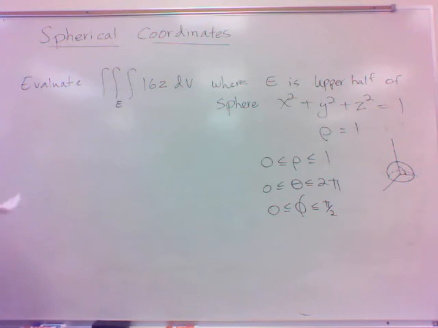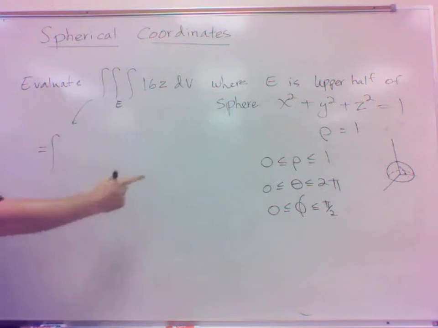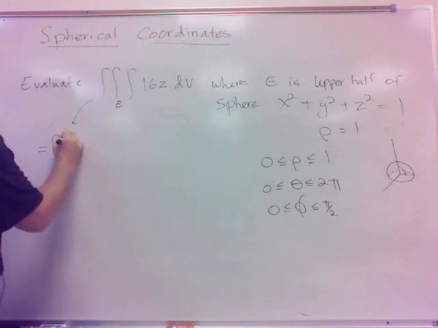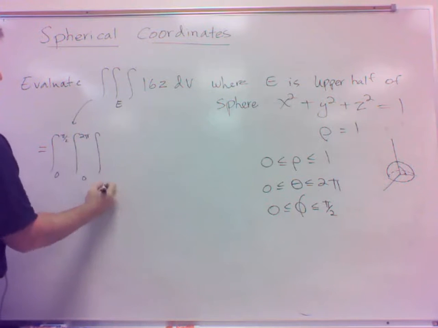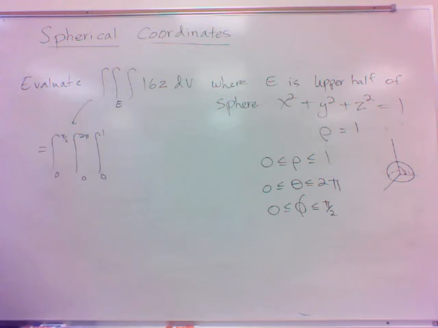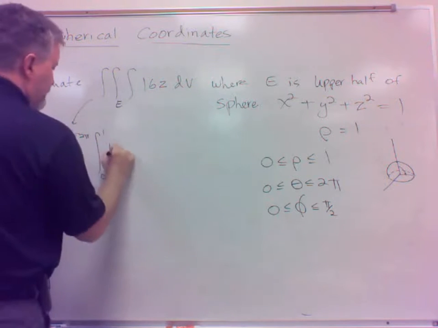Okay, so that makes our triple integral here. Phi is going from 0 to pi over 2. Theta is going from 0 to 2 pi. And then rho is from 0 to 1. Our function is 16z.